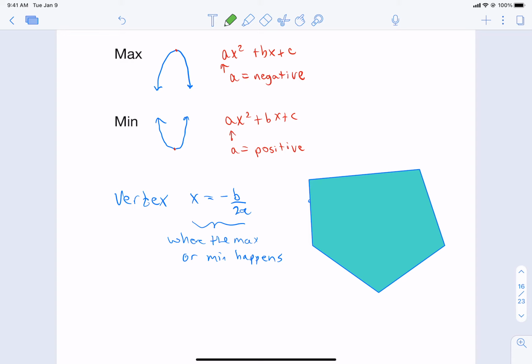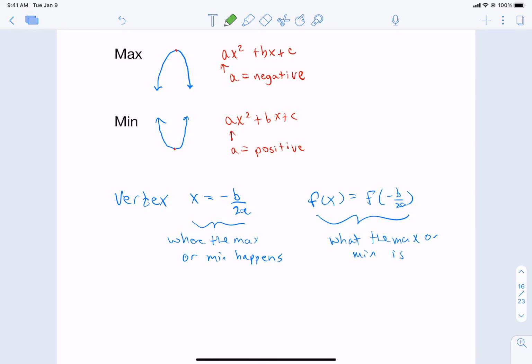The maximum or minimum value, you have to actually plug in the x value. So it's f of x. It's the height on the graph, so it's the y value. That's what the max or min is. So if we are looking at a point, the x is negative b over 2a. The y is the function I plug negative b over 2a into.